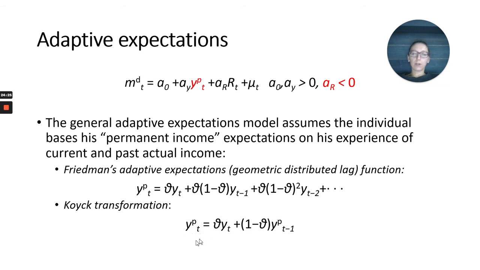The other, the Koyck transformation, weights all of them equally. So the adaptive expectation hypothesis assumes that our expectations are going to be based on our past, which makes them easier to write and to calculate and to understand, because there is less subjective decision making.